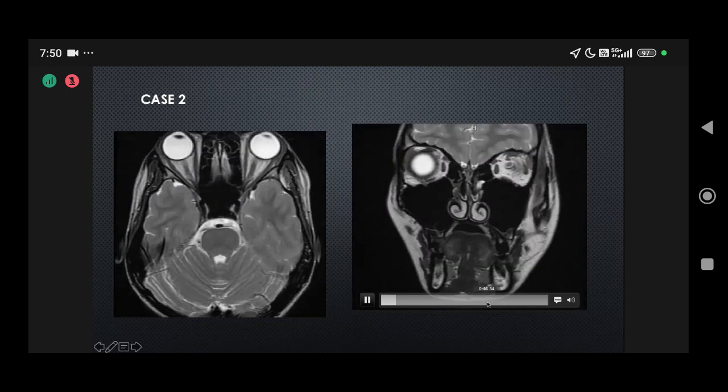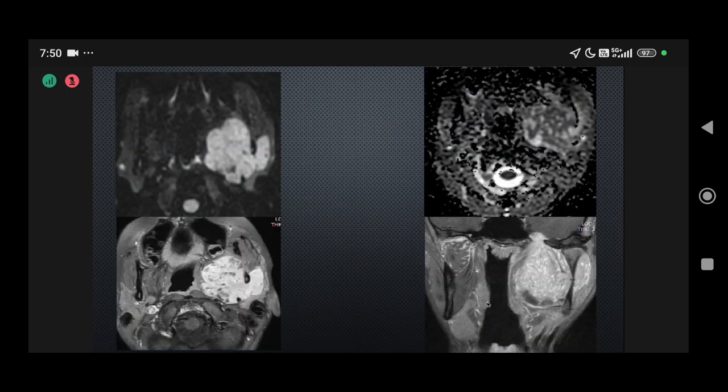So now how will I approach the diagnosis? Before that, we will see the radiological characteristics. It is showing restriction, which means the lesion is likely to be malignant. It is showing heterogeneous contrast enhancement with multiple cystic areas and widening of the foramen ovale. Here you can see the extension up to the foramen ovale.